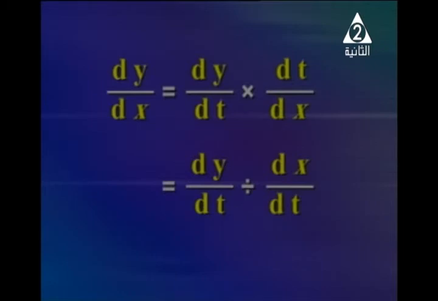What do you mean, dear student? For dy over dx, at first we find the differentiation of y with respect to t. After that, we find the differentiation of x with respect to t. After that, we divide the first, dy over dt, by the second, dx over dt. We deduce dy over dx.